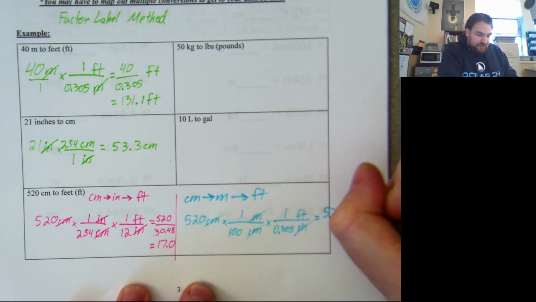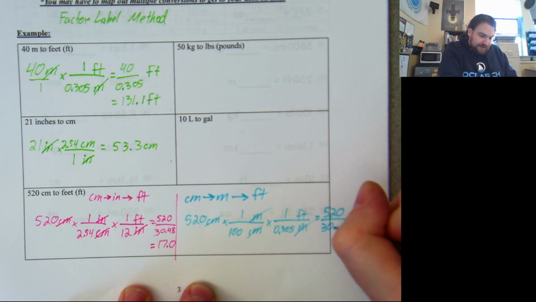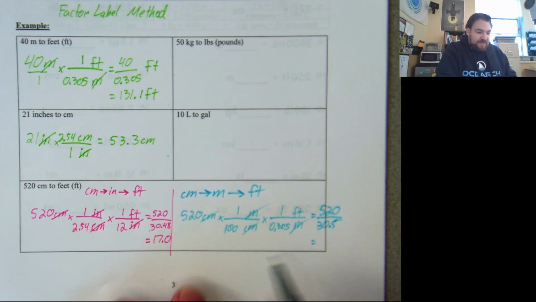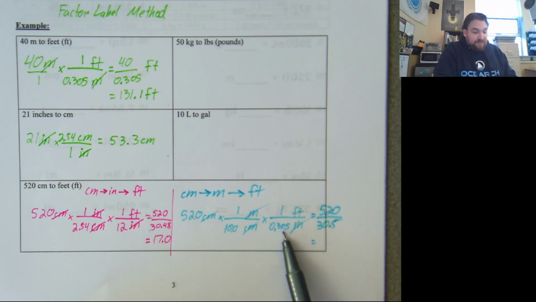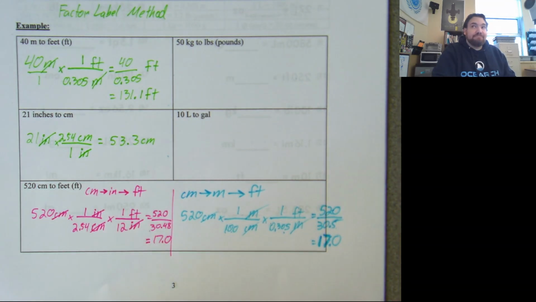That's going to give us 520 divided by 30.5. 520 times 1 times 1 is 520. 100 times 0.305 is 30.5. If I do that division and I round it to one decimal place, what do I get? 17.0. Doesn't matter which path you take. If you round it appropriately, you end up where you want to end up.